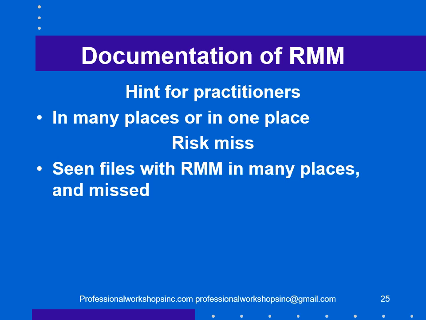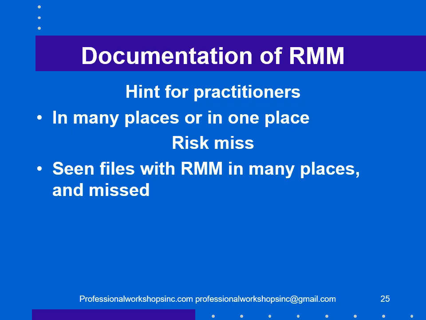My preference is documenting risk of material misstatement, doing the procedures, documenting the procedures, but documenting risk of material misstatement in only one place. And I have seen files with risk of material misstatement documented in many places throughout the file, and 1 or 2 of them were missed.